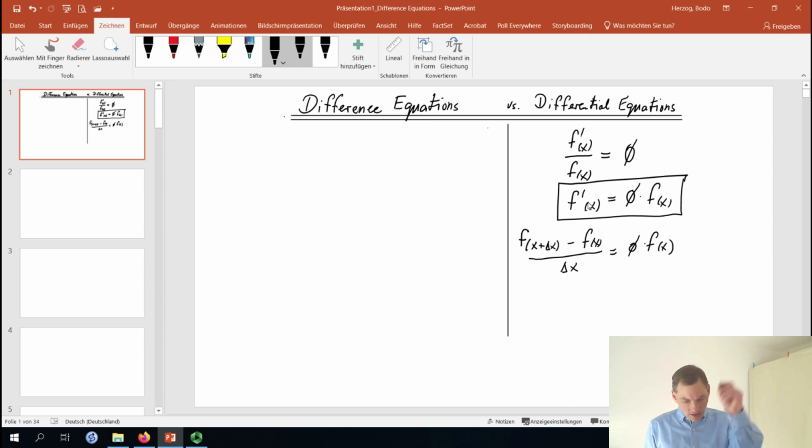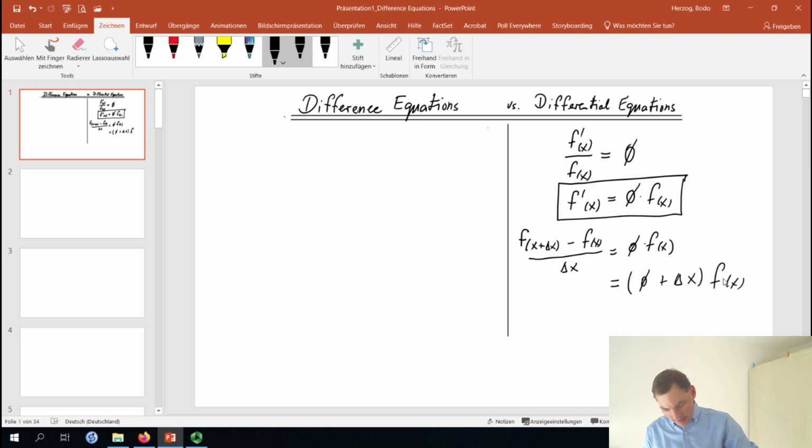But let me now rearrange: I bring the delta x to this side and also the f of x, and I factor out the f of x. Then I have the phi, the delta x, and f of x factored out, and on this side just f of x plus delta x.